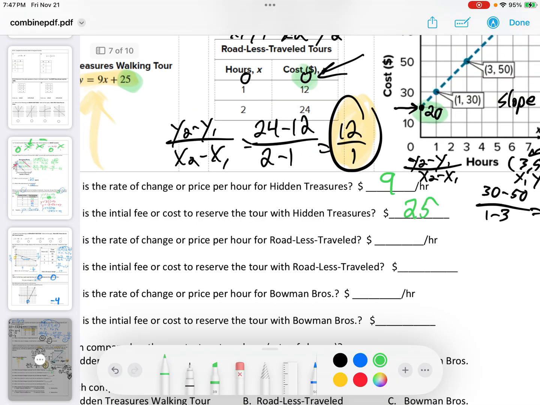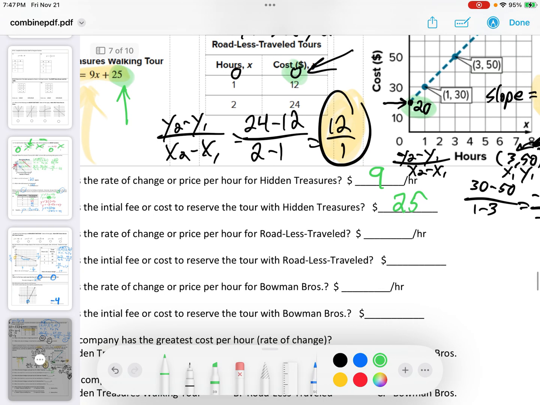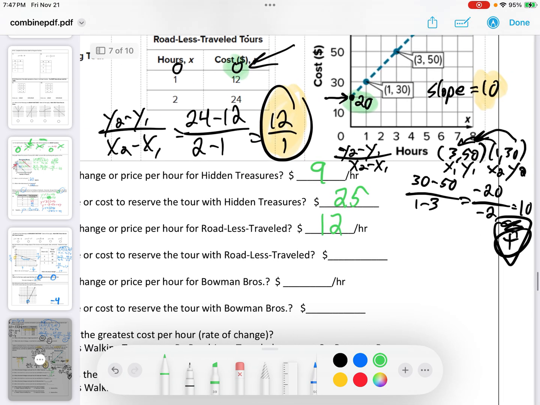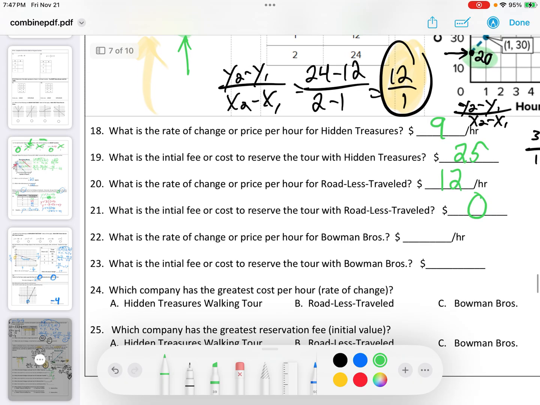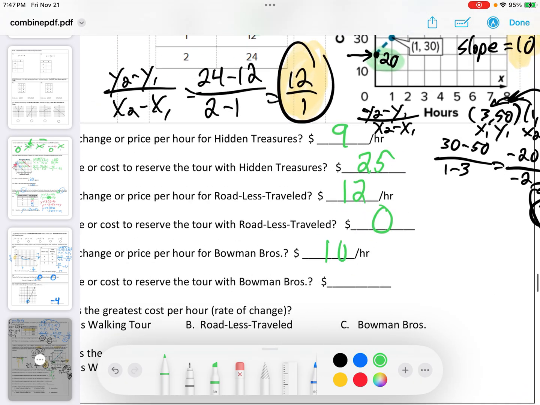Initial fee is the y-intercept. What is the rate of change or price per hour for Road Less Traveled? Okay, we found that was 12 over 1. What is the initial fee? 0. What is the rate of change? For that one, we did the slope, 10.